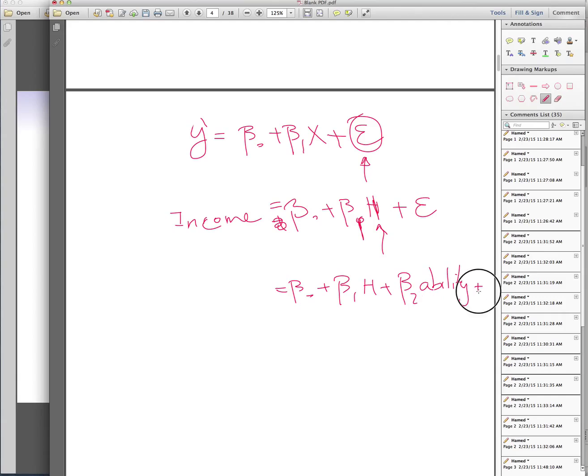But unfortunately, ability is not something measurable, and it's highly correlated. So that is the part you left in that error. But we know that income is highly correlated with ability as well. So something that we couldn't control is called ability. That is in our error term. It's highly correlated with income. That's why we cannot use it to interpret beta 1 anymore.